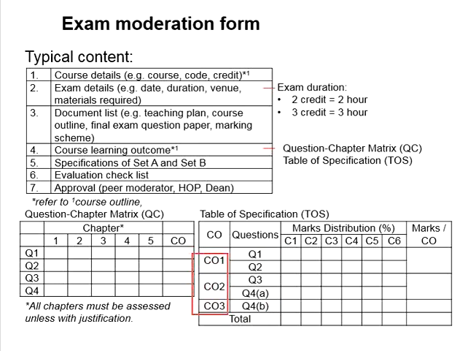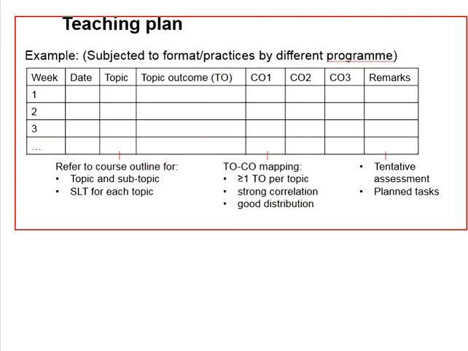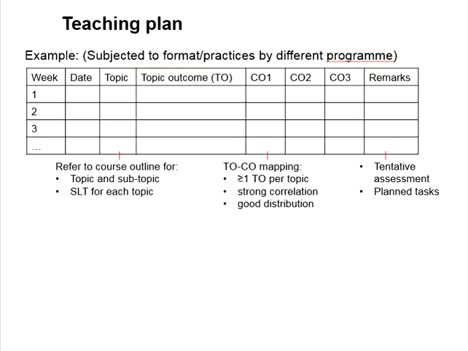You have your COs, so the questions shall be classified in accordance with the respective COs. Now how do you determine the relevant topics to be assessed under each CO? You may refer to your teaching plan in terms of the topic outcomes and their relations with the respective COs.